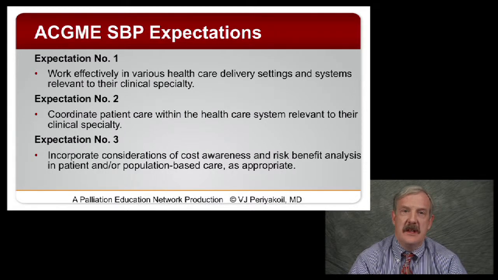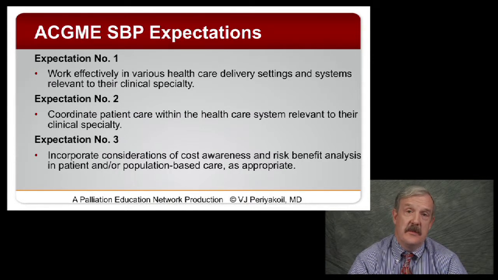Expectation number three, incorporate considerations of cost awareness and risk-benefit analysis in patient and/or population-based care as appropriate. I know that all of you are aware of just how expensive the U.S. healthcare system actually is. In fact, estimates now put U.S. healthcare expenditures at 18% of our GDP, and we all know that this is unsustainable.